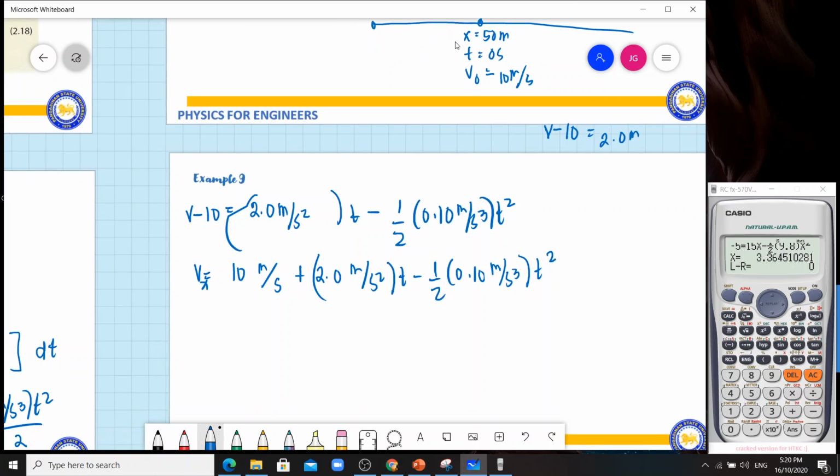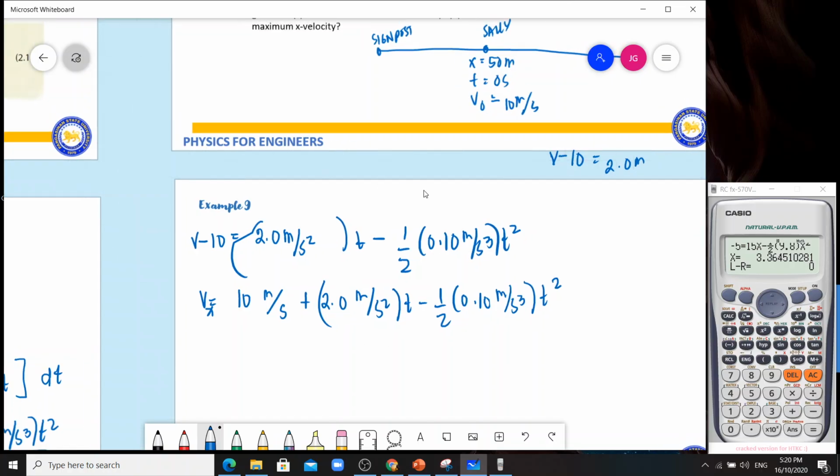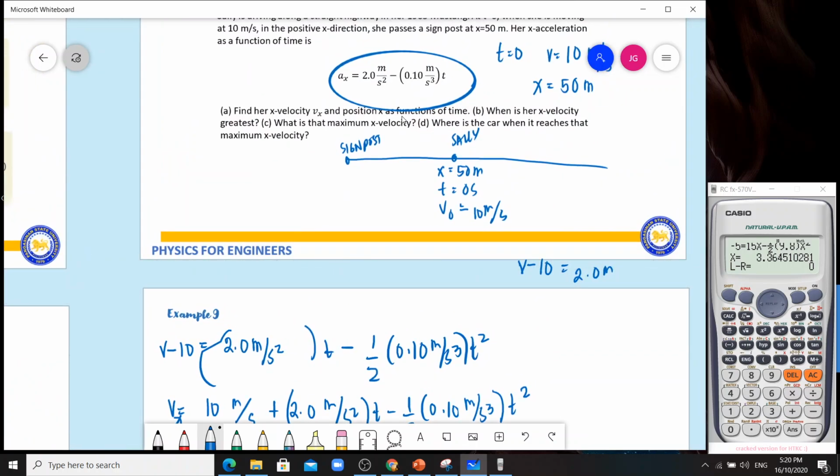So, kailan daw na ang velocity niya ay pinaka mataas? So, para makuha yun, sabi niya, find her x velocity as a function of time.